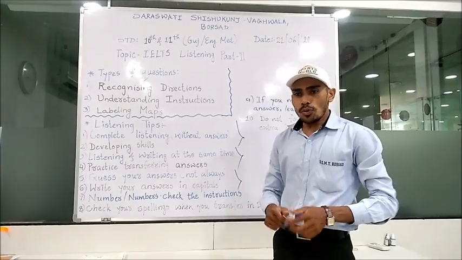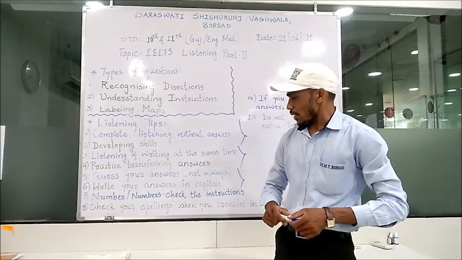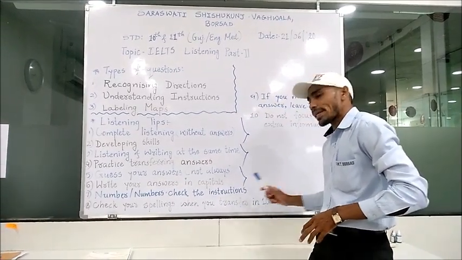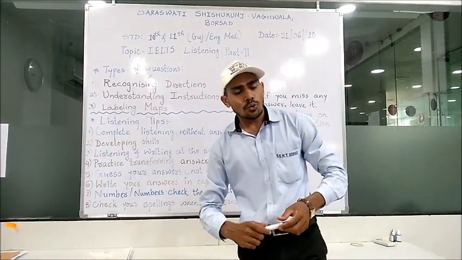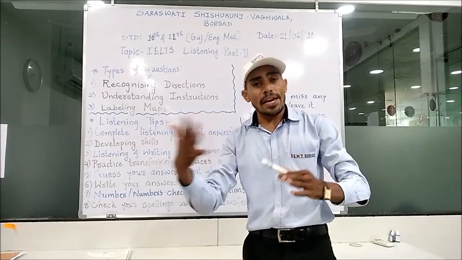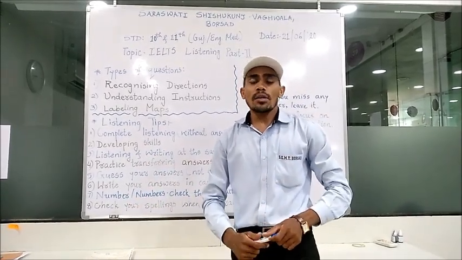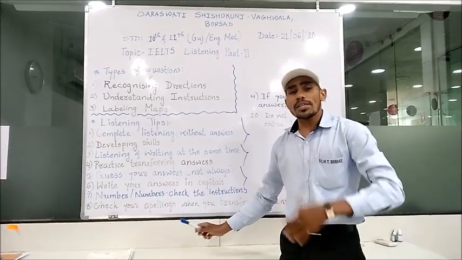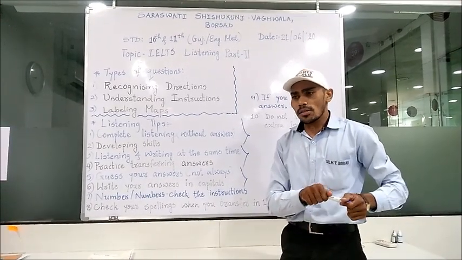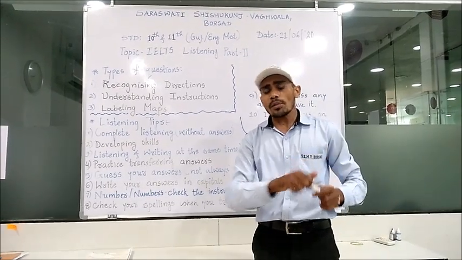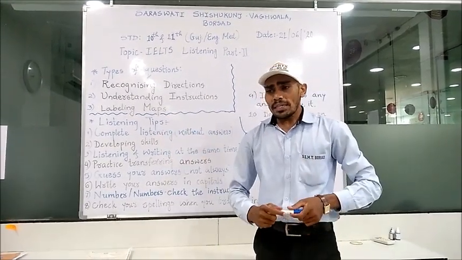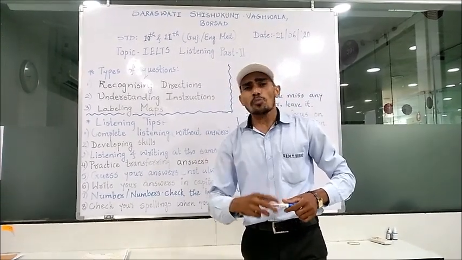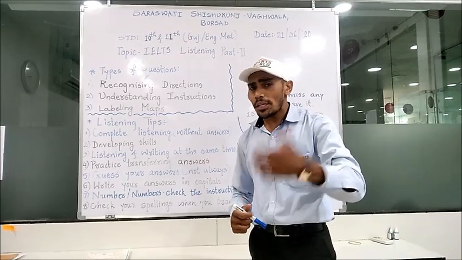So, students, the eighth one we have is check your spellings when you transfer in 10 minutes. As I mentioned earlier, when you get 10 minutes extra to transfer your answer, I think this is a very crucial time for the students when they transfer answers. In the previous video I mentioned as well that while listening, if you are not sure about a spelling, you can write down the word in your mother tongue.